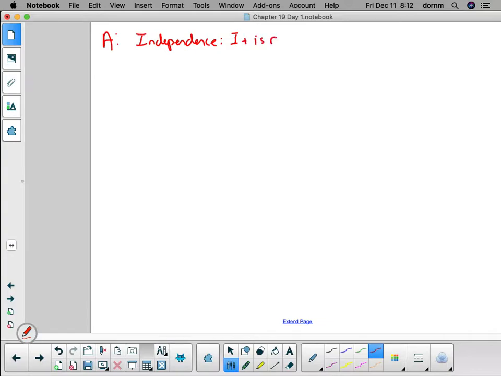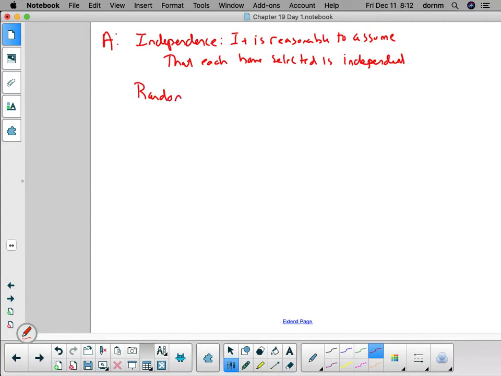It is reasonable to assume that each home selected is independent. Random condition. Okay. Random condition stated in prompt.